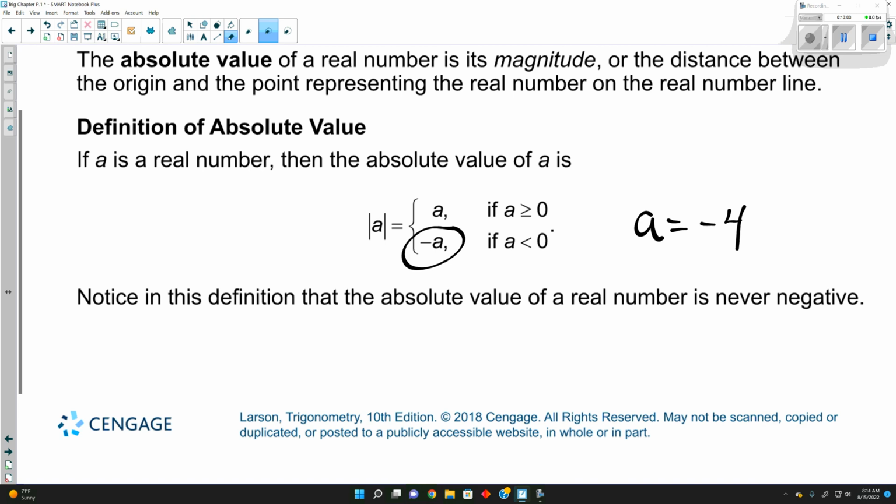Because otherwise, if we think of this as negative A, that makes no sense. The absolute value of any number is always positive. But the reason they add this in is because we don't know the exact value of A. And if they just left it as A, if A is less than 0, well, that A is actually, in this case, negative. So we need the opposite of that value of whatever it is.